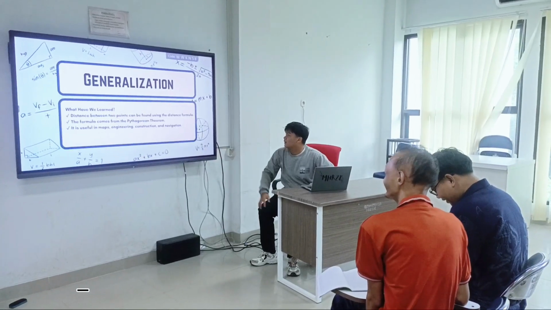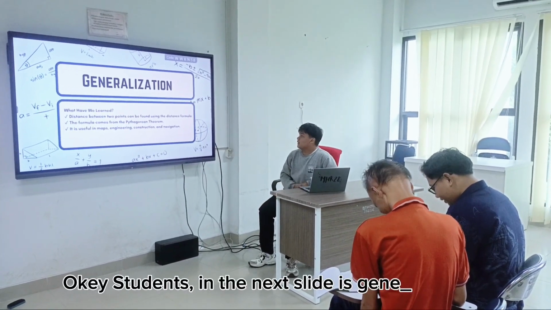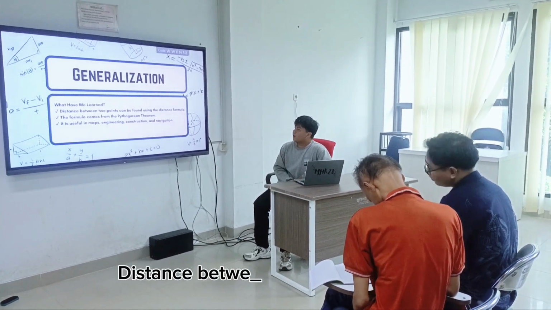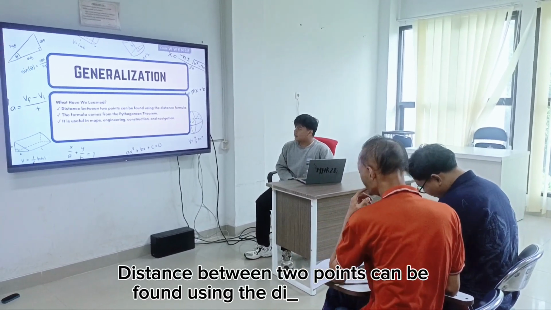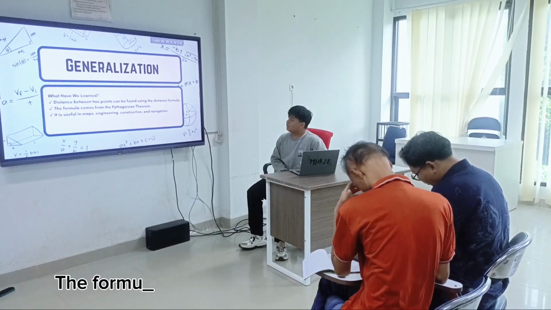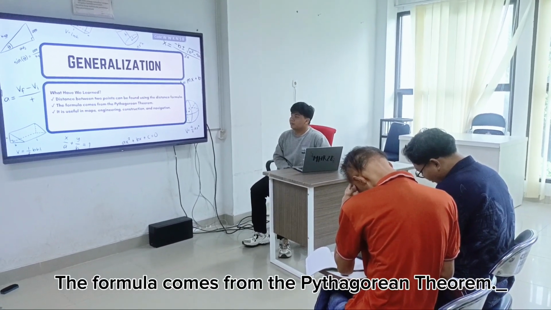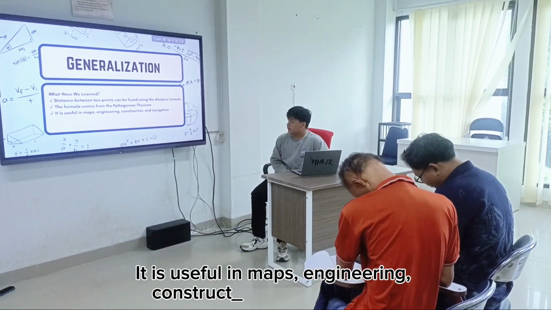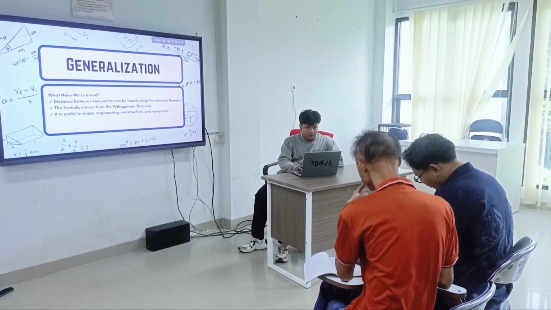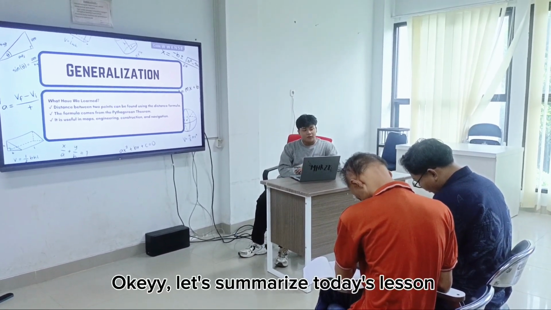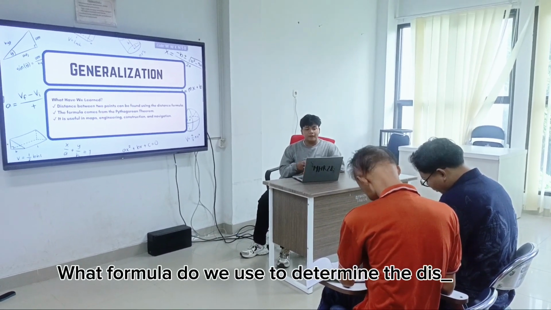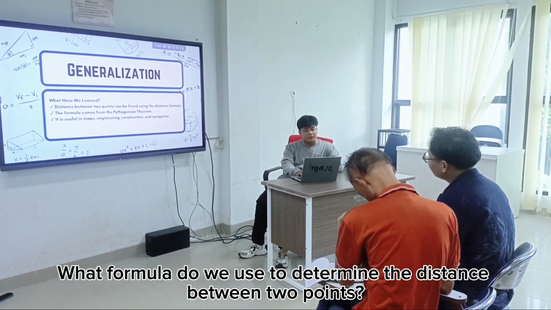Okay, the next slide is the summary. What have we learned? The distance between 2 points is found using the distance formula. The formula comes from the Pythagorean theorem, and it is useful in maths, engineering, construction, and navigation. Okay, let's go to the questions. What formula do we use to determine the distance between points?